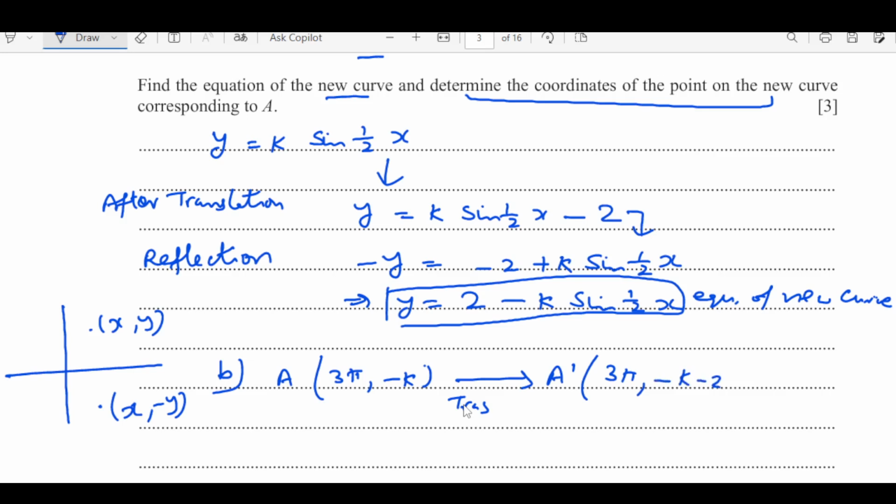Then A double dash will become, after the reflection, 3 pi and k plus 2. So our new coordinate is going to be 3 pi and 2 plus k, or k plus 2.